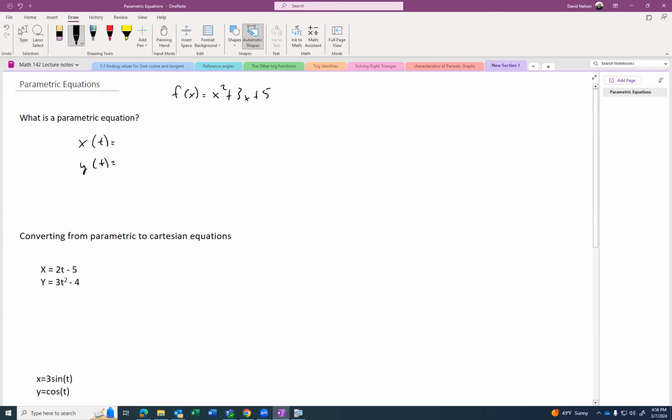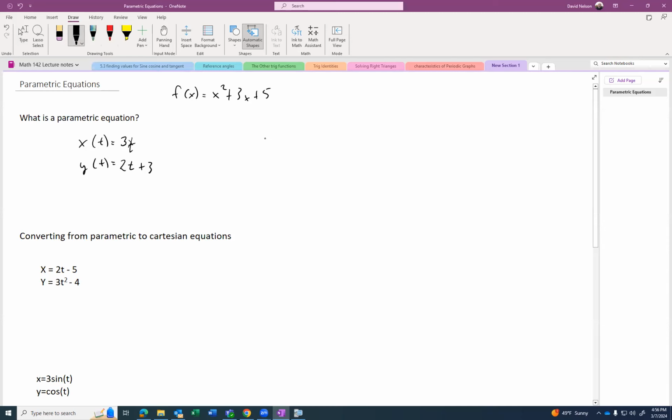Like you'll have an x of t and a y of t. So the idea is you've got some sort of formula that defines your x coordinate. Your x coordinate is changing, and your y coordinate is changing, and you've got some sort of relationship between those.